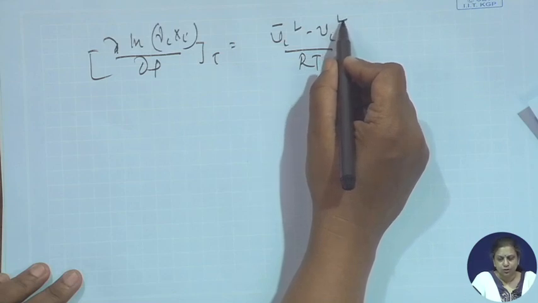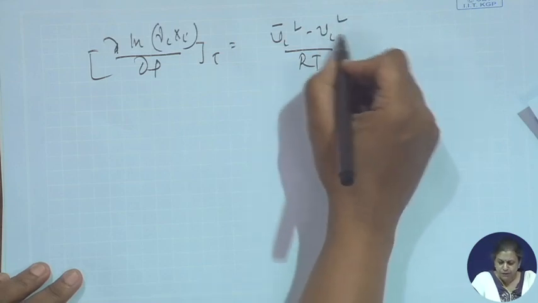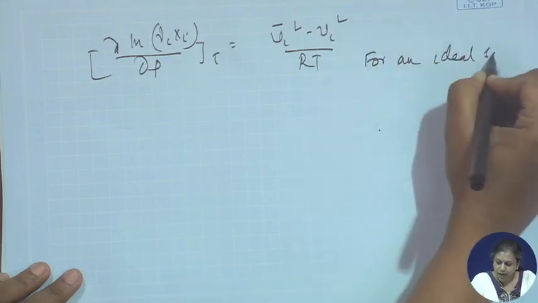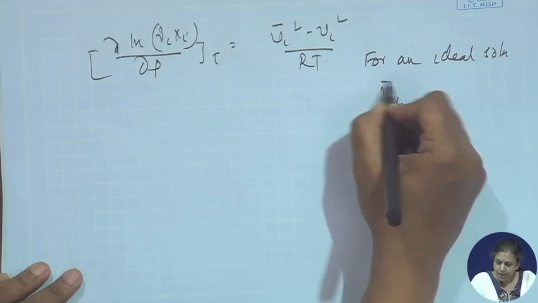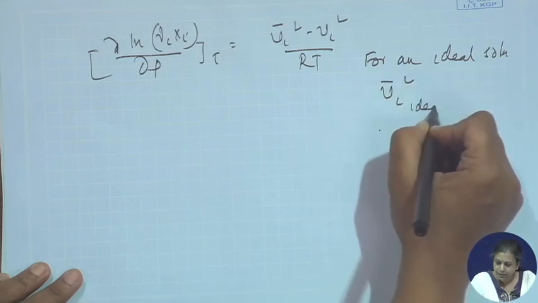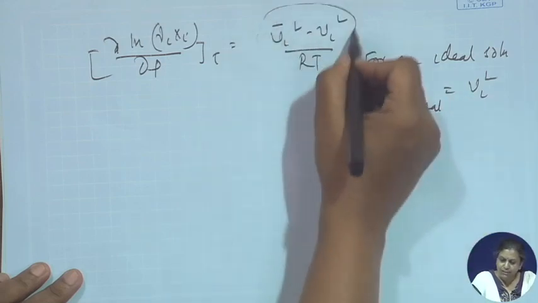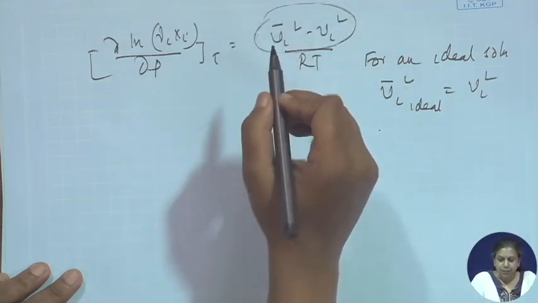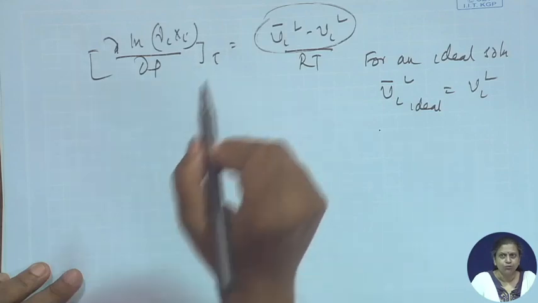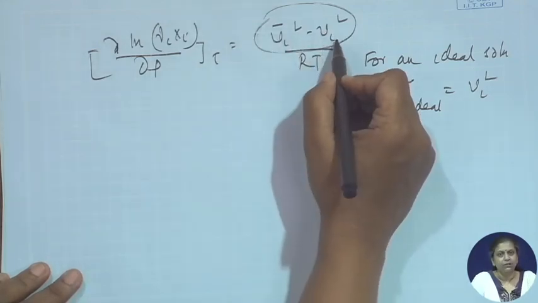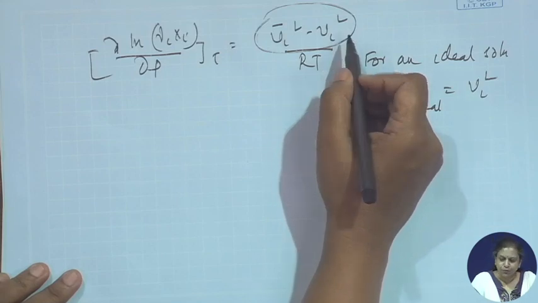For an ideal solution, Vi bar L ideal is nothing but equal to ViL. So, in that case, it is the partial molar volume for the case of a real solution minus the partial molar volume for an ideal solution.